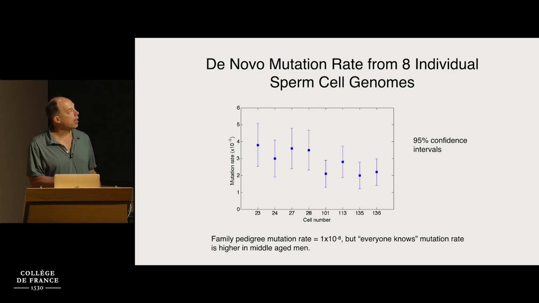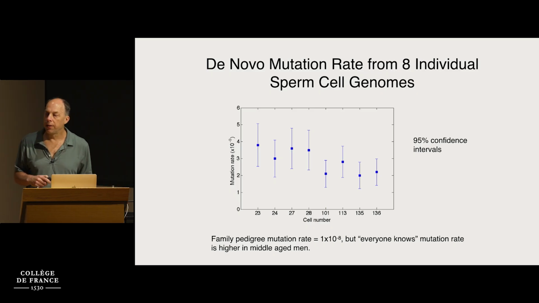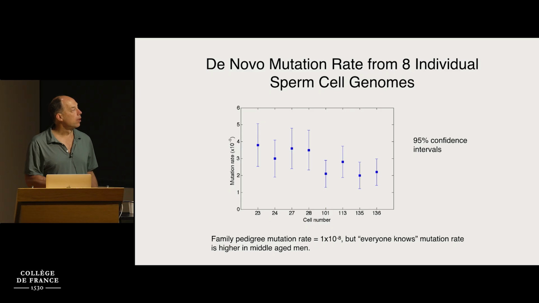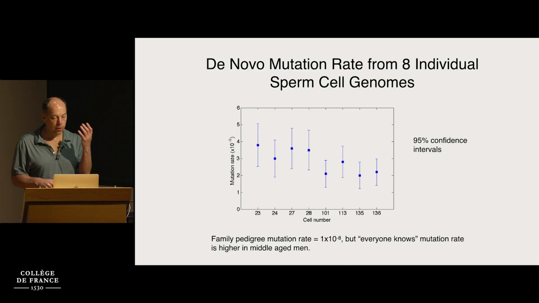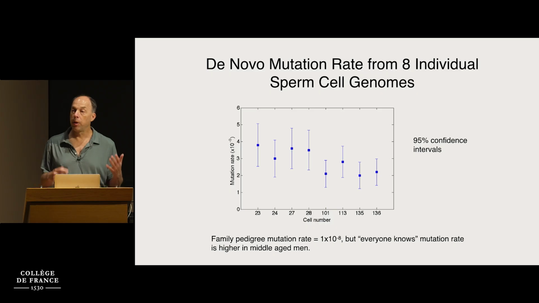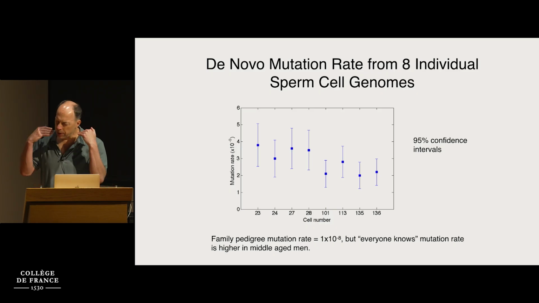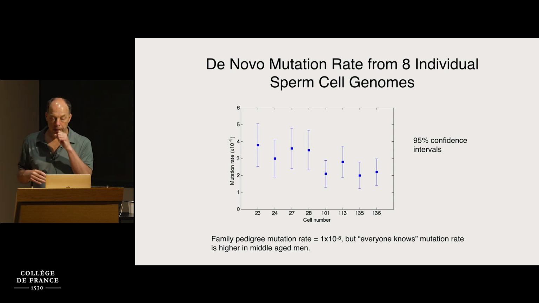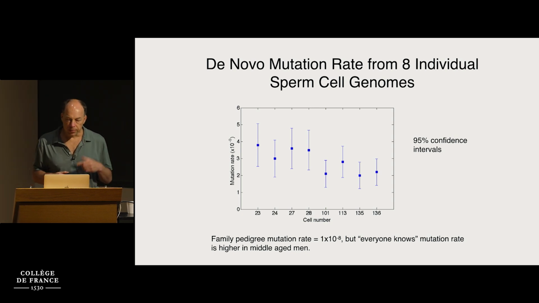Our rate came out a little higher than that, but there was this thought in the field that the mutation rate would depend on age, and the older you were, the higher the rate would be. So there was maybe a way to explain this. And so we took a deep breath and published this data, and we said, we think we've done the best possible job we could in taking away the experimental technical errors. We think this is the true biological variation measured from single cells.